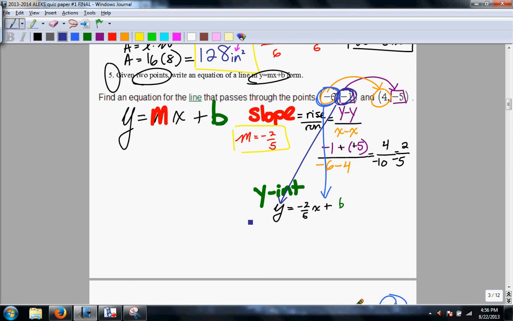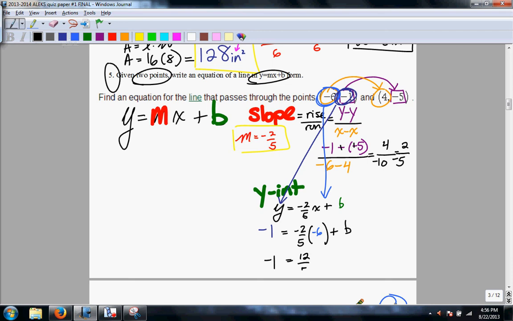So bring it down. We have negative 1 equals negative 2/5 times negative 6 plus b. Okay? This one, I multiply my numerators, and I get negative 1 equals 2 times 6.